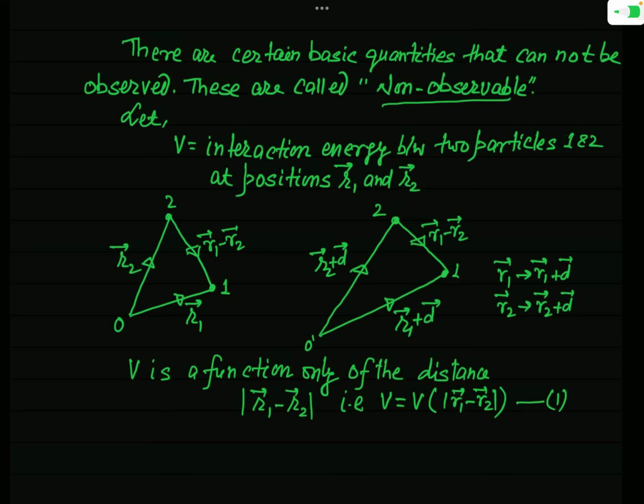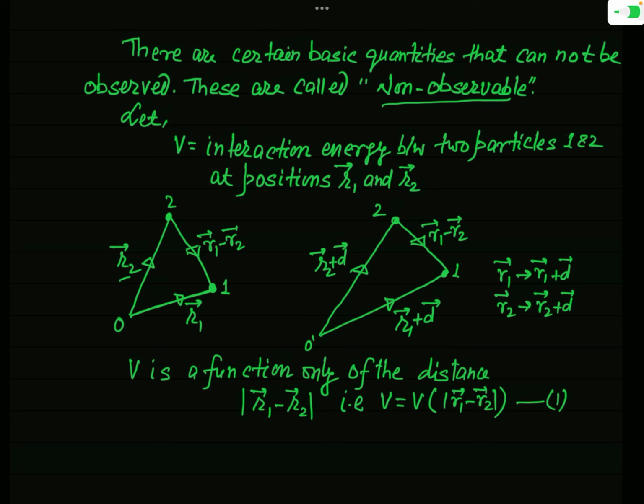Let us consider a system of two particles. As you can see in this figure, I have shown two dots, 1 and 2, and these two dots represent two interacting particles. I have shown in this first figure that the position of the first particle with respect to an arbitrary origin O is R1, and that of particle 2 is R2.